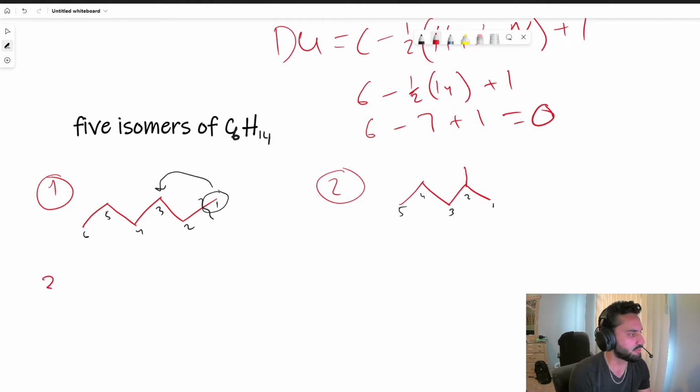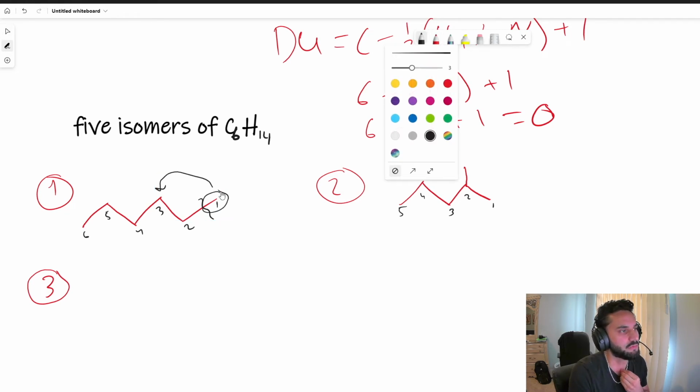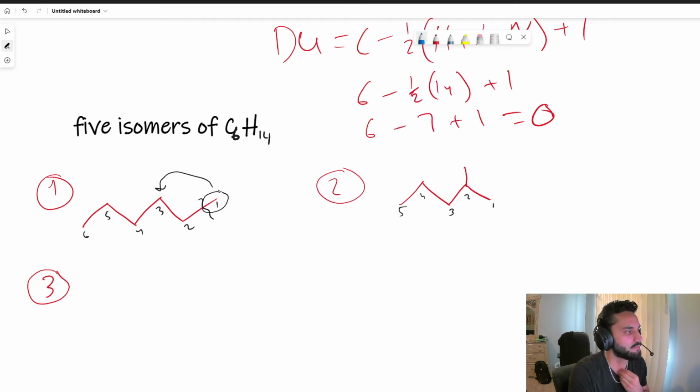Let's draw our third. So I moved this carbon initially to carbon number 3. Let's move it now again from here to, let's make this blue, from here into carbon number 4. So how would that look? 1, 2, 3, 4, 5.